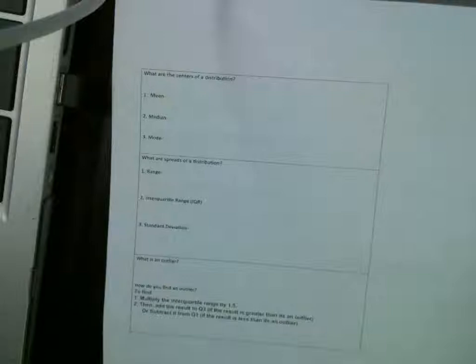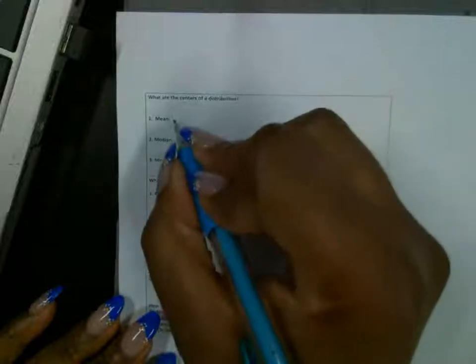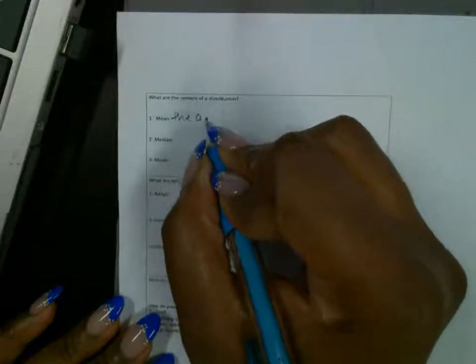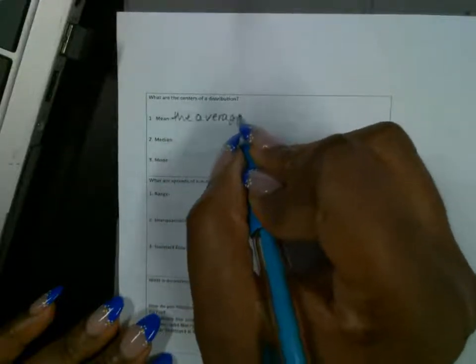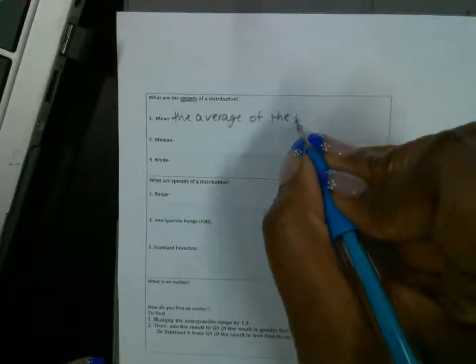All right. These are your centers, okay? These are the centers of a distribution. You have mean. What's mean? The average of the numbers. And we're going to talk about why they call them the centers in a minute, but let's see if you remember the definition. The average of the numbers.